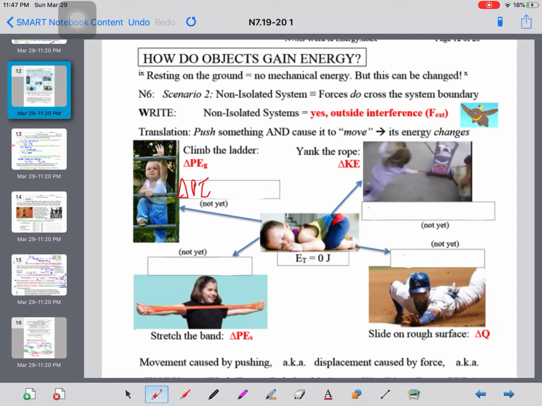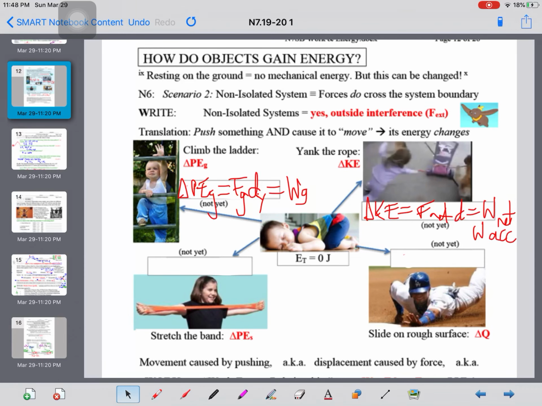So delta PEG, we're just writing out that equivalence, is FGD, really DY, which is WG. Here, delta KE, that was F net D, that's W net, also known as W to accelerate.